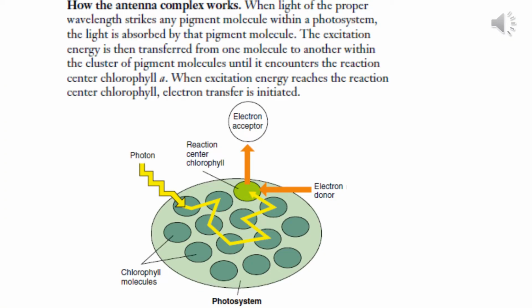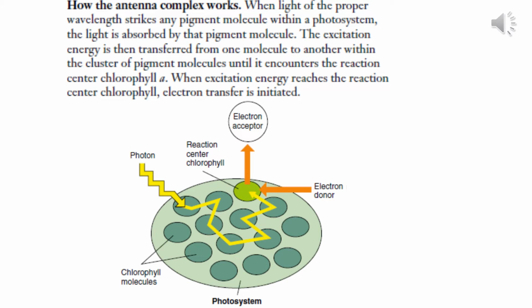How is the photosystem working? Light is falling on the pigments in the form of photons. They are absorbed either by the reaction center or by the accessory pigments.